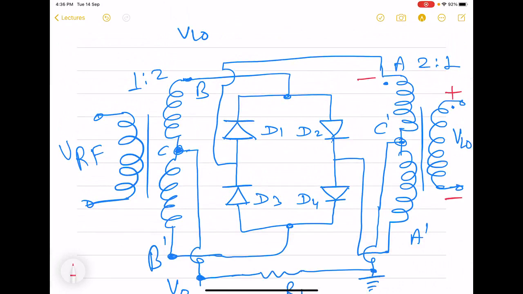So this polarity will be copied to A and A dash. So A is at higher potential compared with A dash. Since A is connected here and A dash is connected here, we have this polarity between the diodes.